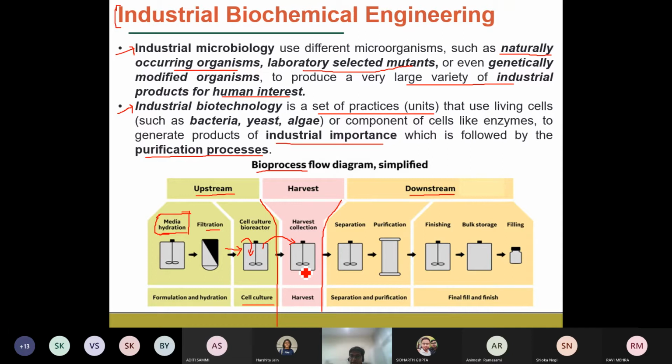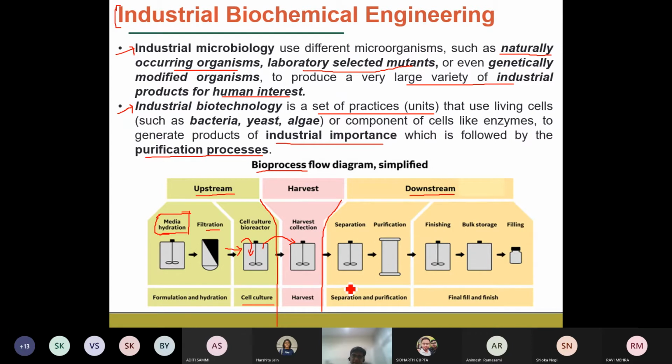So how do we do that? There are several unit operations, as I talked about: filtration, centrifugation, sonication, and crystallization of any particular targeted chemical can be done. So many unit operations are there.